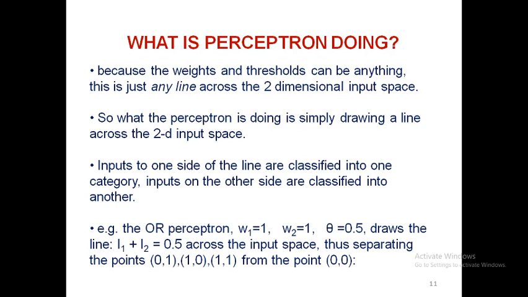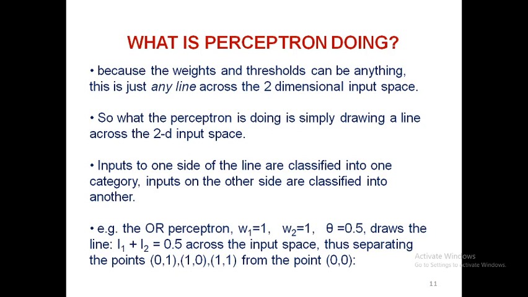Because the weights and thresholds can be anything, this is just any line across the two-dimensional input space. Based on the input and threshold values, that line may be placed anywhere. So what the perceptron is doing is simply drawing a line across that 2D input space.